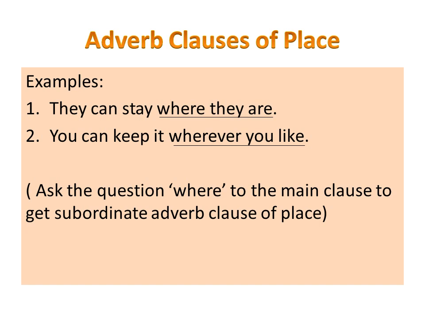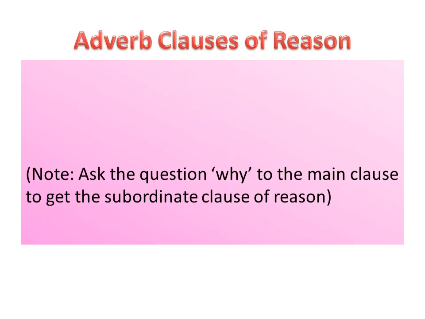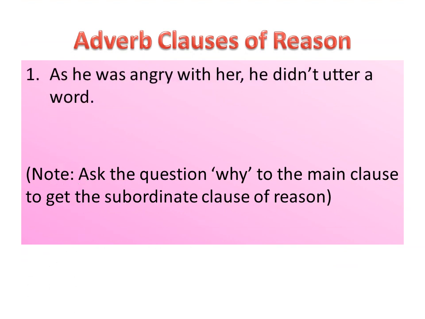Now let us understand adverb clause of reason. As he was angry with her, he didn't utter a word. Now let us identify the main clause first. Correct. He didn't utter a word is the main clause because it makes complete meaning. Now if I ask, why didn't he utter a word?